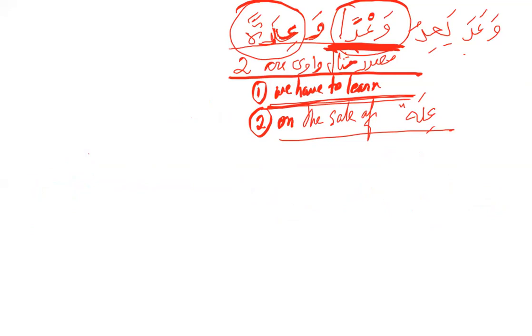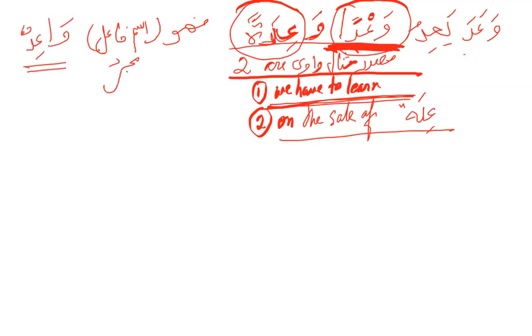Now comes fahuwa, the ism fa'il. Are we doing mujarrad or mazid fihi? We are doing mujarrad. So fa'idun, mujarrad ism fa'il. Excellent. Wa'idun. And wa'idun, the meaning is what?